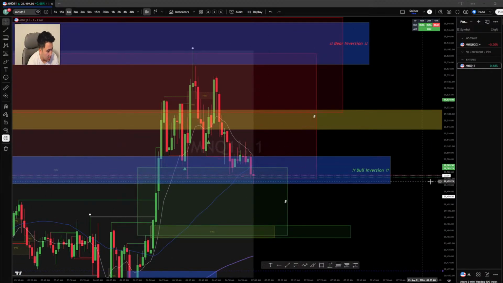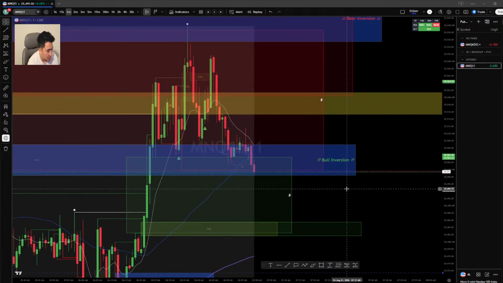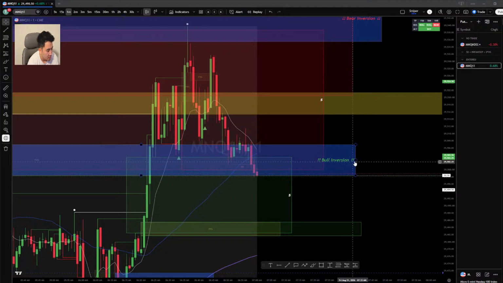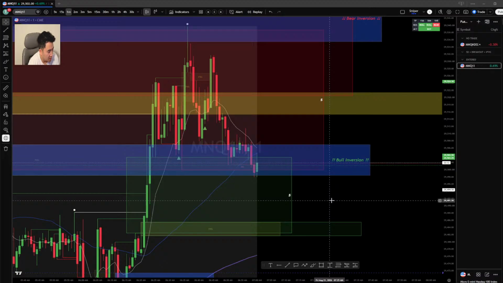See what's going on the 1 minute. This bullish inversion zone is still getting respected. The candle bodies are still inside this zone here.